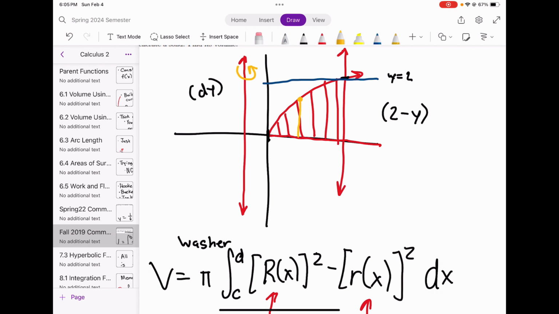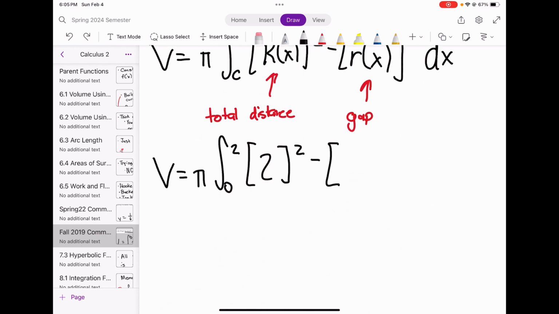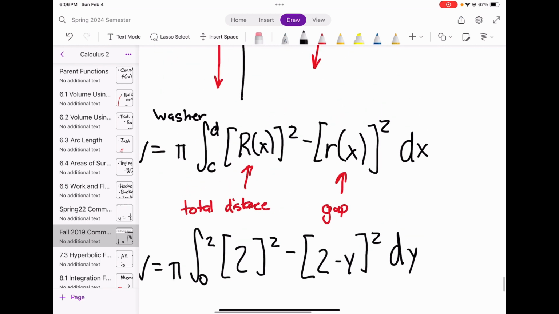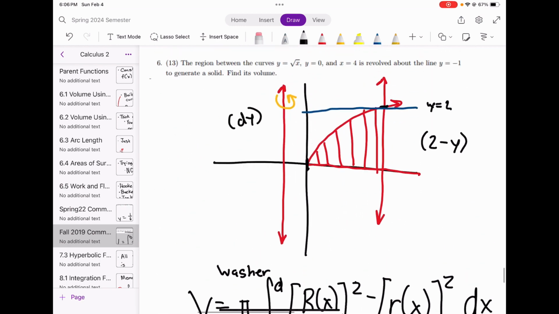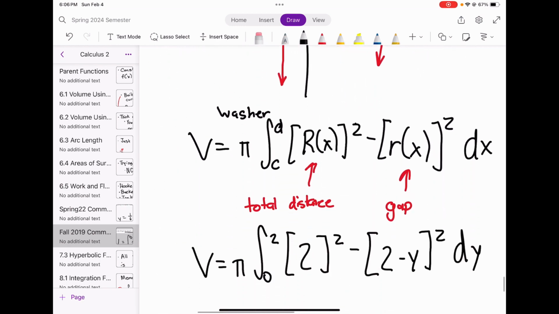Because this distance is y, and we want this distance, and this whole thing is 2. So you want to take the whole thing minus this smaller part to get the second part, right? So it's going to be 2 minus y, and that's also squared dy. Why do I have everything in dx? It's supposed to be everything dy.